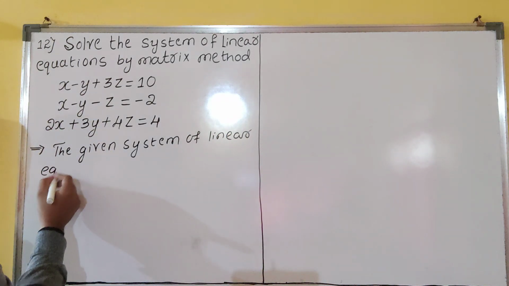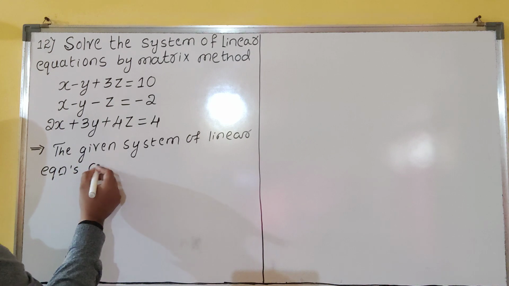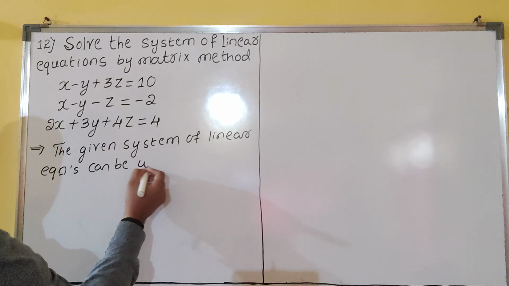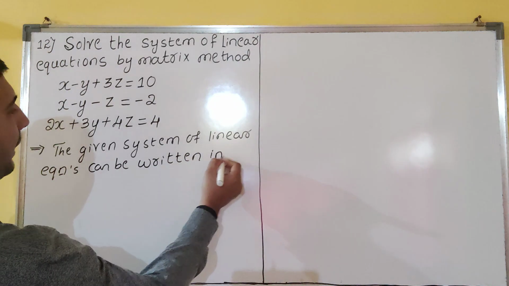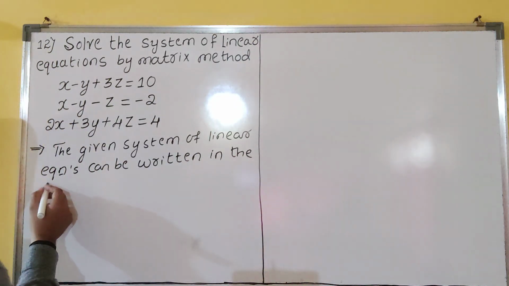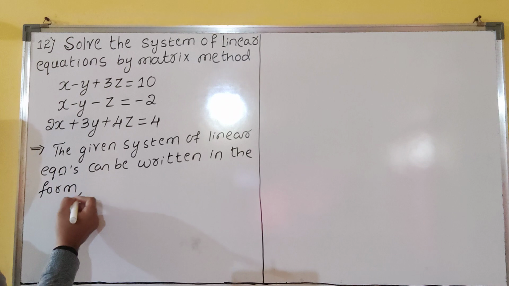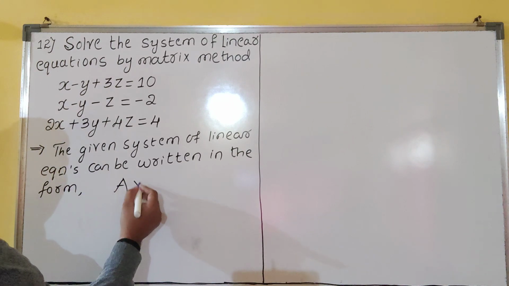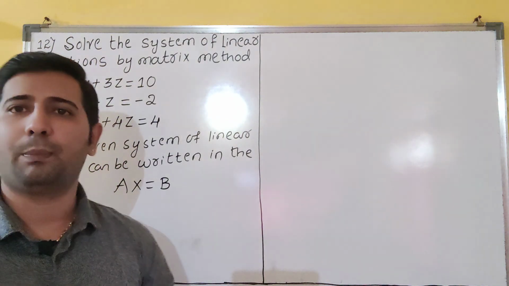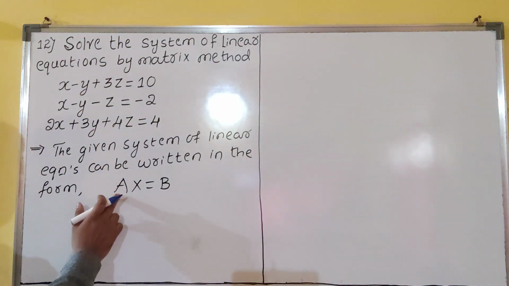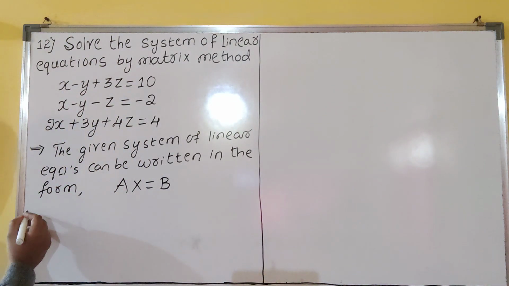Linear equations can be written in the form AX is equal to B, dear students. So AX is equal to B. Where, what is A, what is X and what is B?